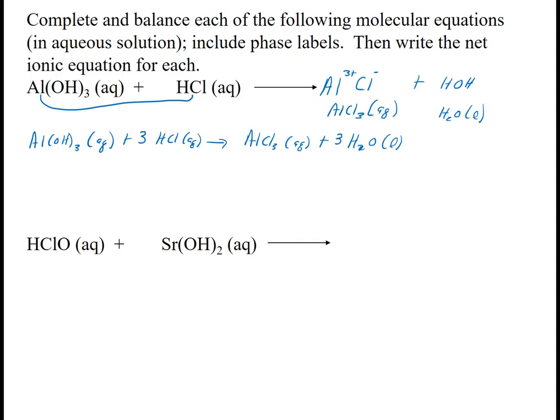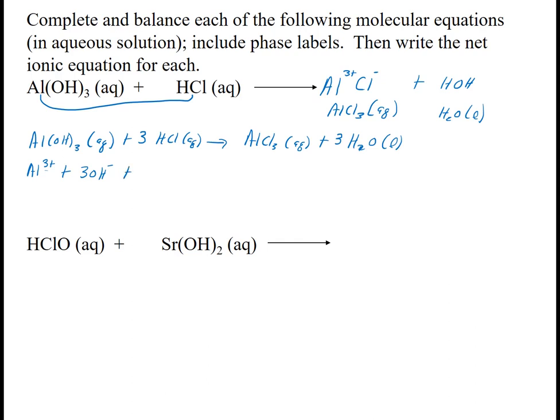Now to write the net ionic, I need to first write out the complete ionic. So it's the coefficient times the subscript, so I have just Al. I want you to write a charge because that's what indicates the fact it's aqueous once I write it as a single. Plus 3 OH minuses. You have to recognize your polyatomic ions, again from chapter 2, because of the fact that stays together.